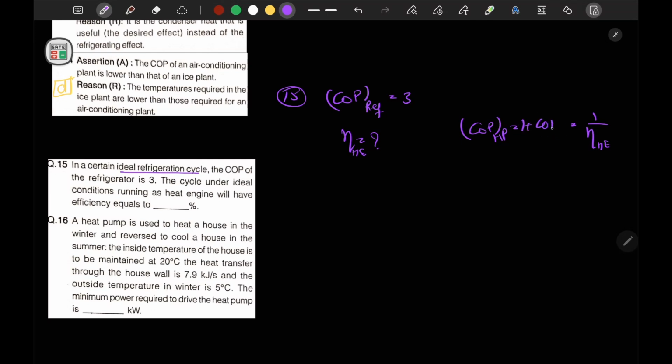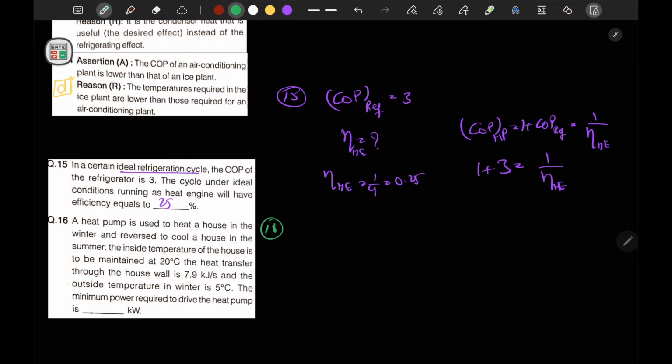So we can write 1 plus 3 is equal to 1 upon eta HE. So eta HE is equal to 1 by 4, which is 0.25, equal to 25%. Now moving to the next question, question number 16.